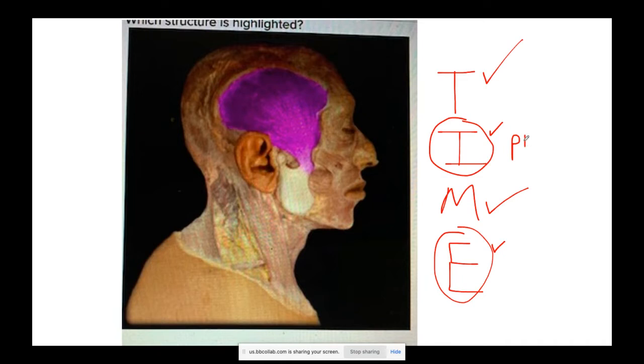And pterygoid is spelled P-T-E-R-Y-G-O-I-D. So there's an internal pterygoid, and then there's an external pterygoid. I'm just going to put PT here for short.